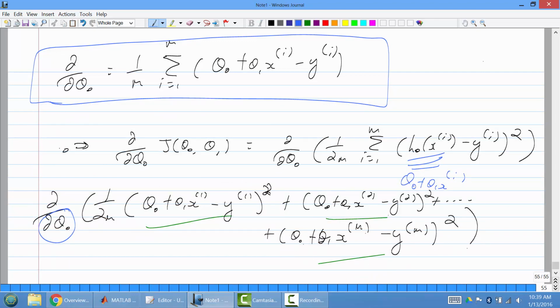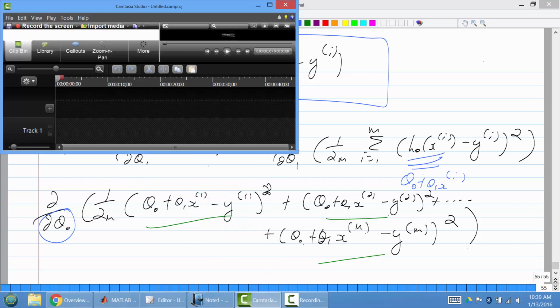Okay, so now I have to do theta 1. This is theta 1 as well. It's just substituting everything in again, but I'm differentiating with respect to theta 1 instead.